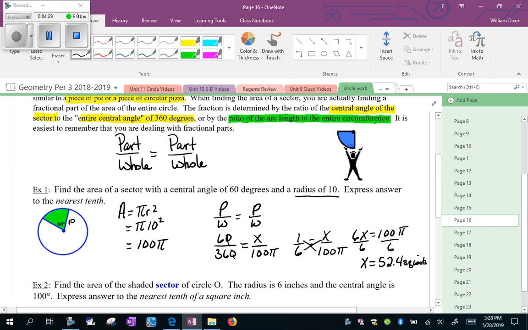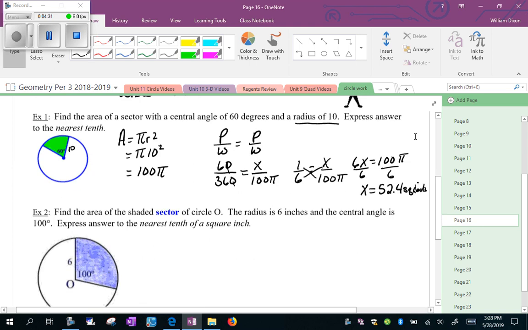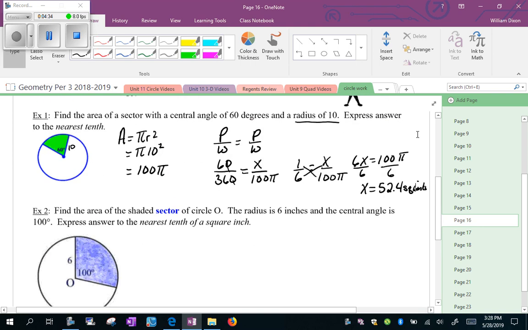All right, let's take a look at number 2. Number 2 says, find the area of the shaded sector of circle O. The radius is 6, and the central angle is 100 degrees. Express your answer to the nearest tenth of a square inch. All right, same setup.